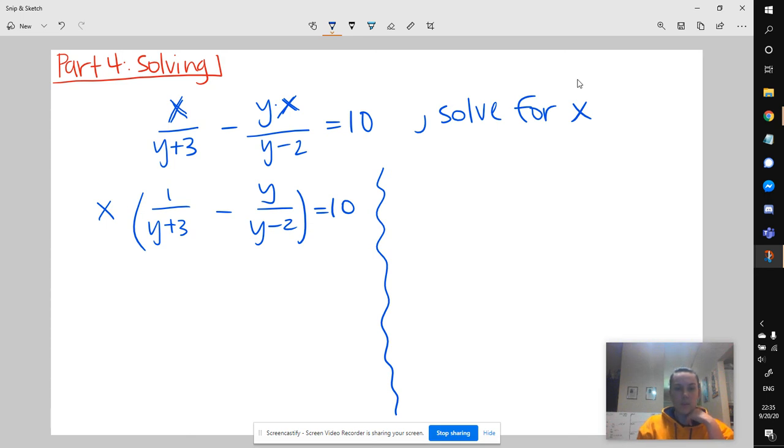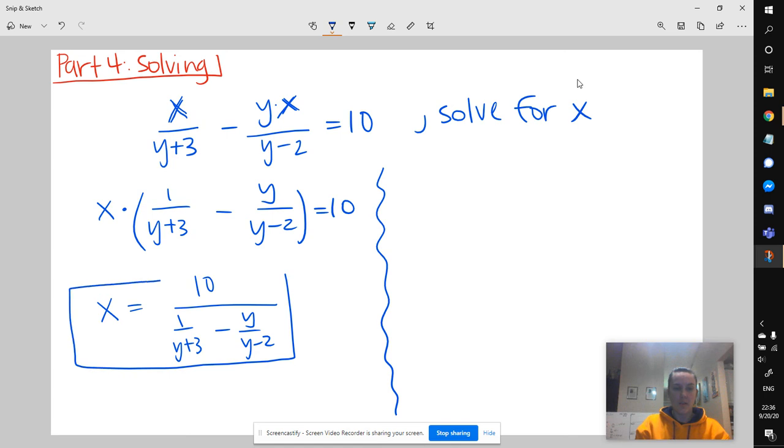And then anytime we want to get x alone, when it's x times something, it does not matter how complicated or awful that something looks like, we can divide both sides by that something and cancel it out, right? So that looks like 10 divided by that, and that's a finished problem. Yay.